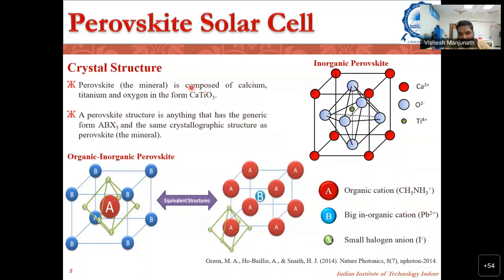These structures are very well-known, and they can be tuned very easily by replacing either atom if it can sit in that particular position. Similarly, you can remove this B and insert a C having the same ionic radius, a little bigger or smaller, so that you can control the physical and electronic properties of these organic inorganic perovskites. That's the reason this robust material was exploited by researchers to achieve very high efficiencies.